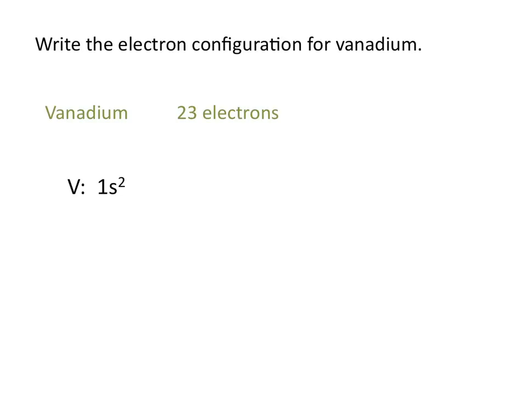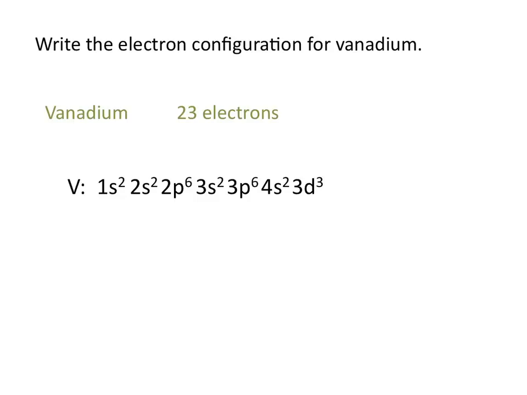In the 1s orbital, I place 2 electrons, so 1s2, then 2s2, so that's 4 electrons, followed by the 2p orbitals, which can hold 6 total electrons, so now I've placed 10 electrons, followed by 3s2, there's 12 electrons, and 3p6, there's 18 electrons, and then the 4s2 orbital, that's 20 electrons, and the last 3 electrons go into the 3d orbital, so I have 3d3.